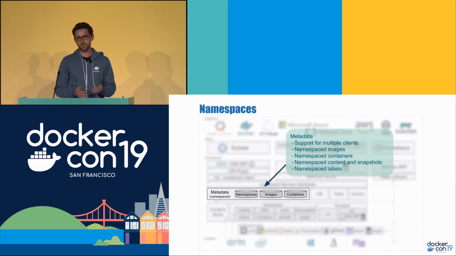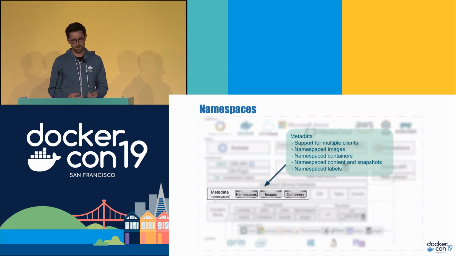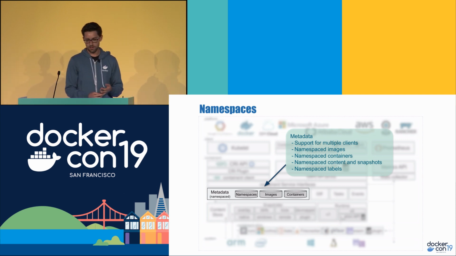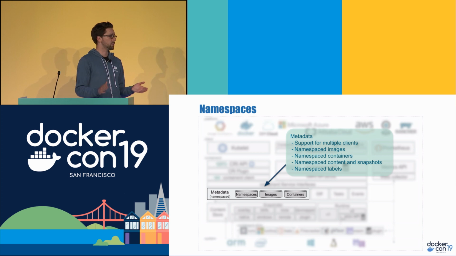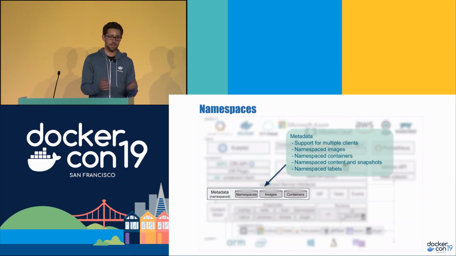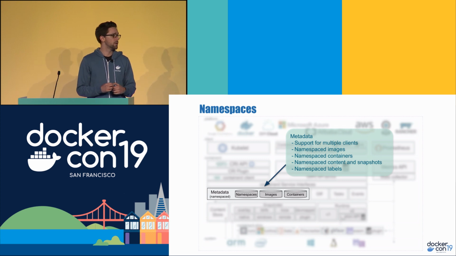So the metadata store in containerd handles everything related to namespacing. So images, containers, content, all of our labels are all namespaced. And what this really allows for is if you have multiple clients of containerd, whether that's Kubernetes or Docker or BuildKit or any of these different clients, they can all share the same instance of containerd without overriding each other's names or resources.